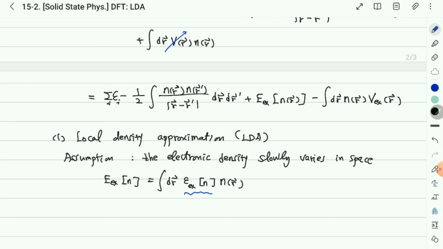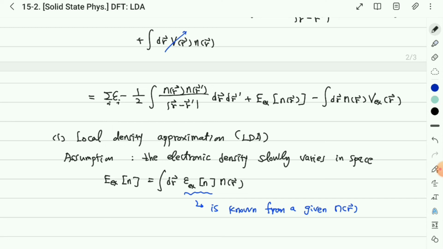Let's assume that this exchange energy is known from a given n(r), and it is an assumption. So the local density approximation means that the electron density slowly varies in space.